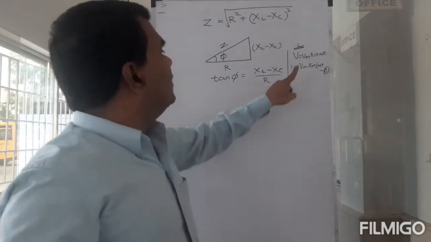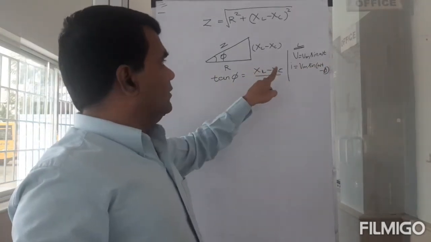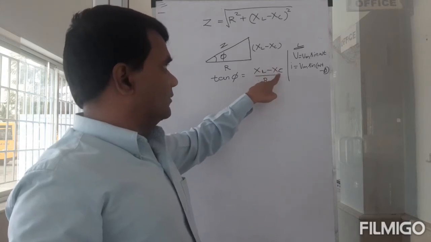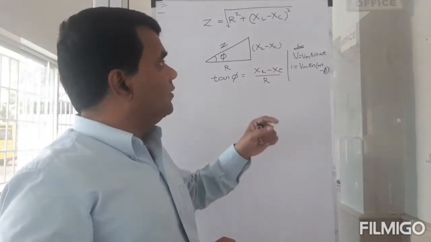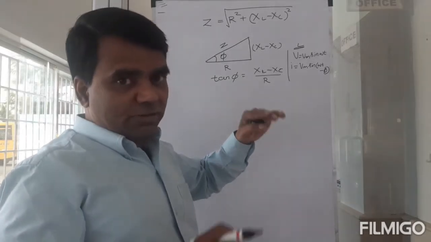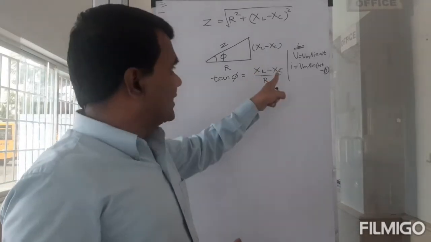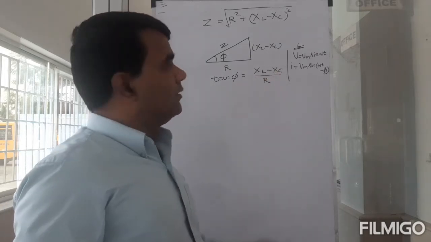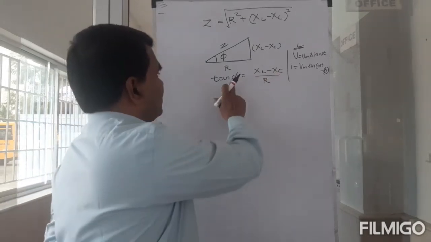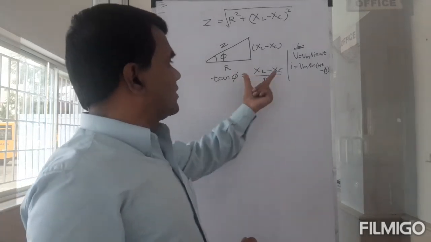Okay. But look at this equation. XL minus XC. If the circuit is inductive, then the XL value will be greater and the XC value will be smaller. So I'll get a positive number. Then phi will be tan inverse of a positive number.